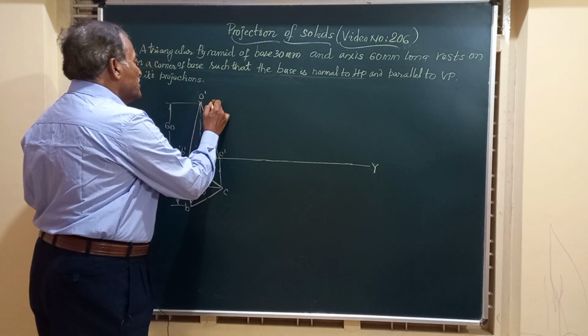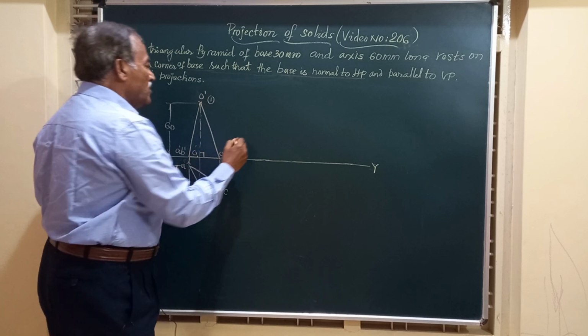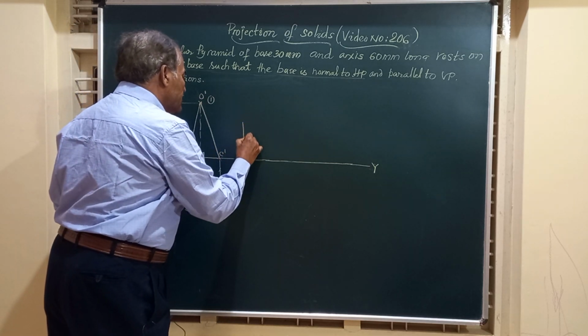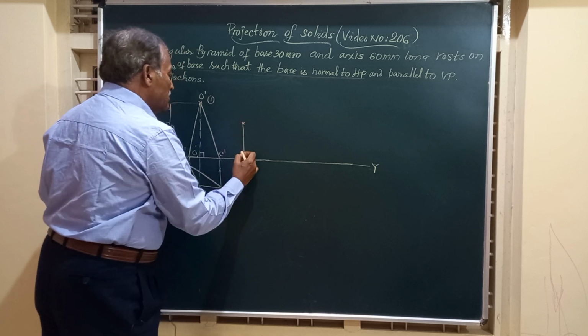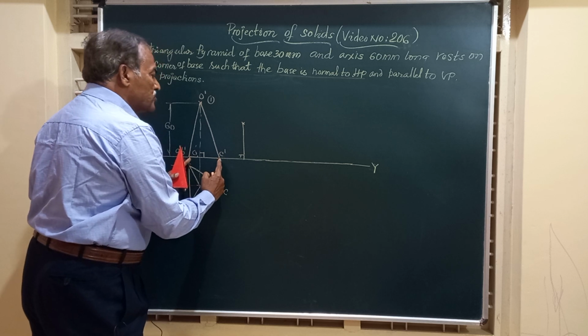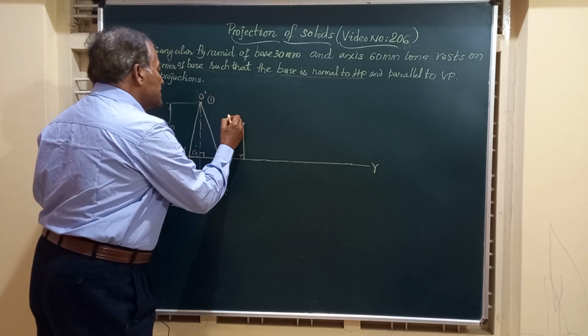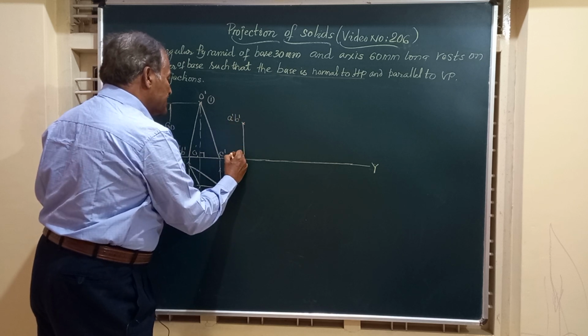So friends, if we call this figure as 1, this figure in the front view, I am going to redraw with this a dash, b dash, c dash of length equal to so much, and this becomes a dash, b dash, and this point is c dash.